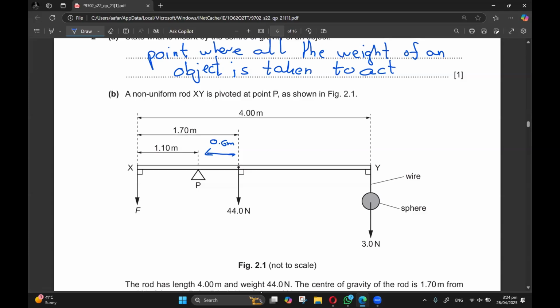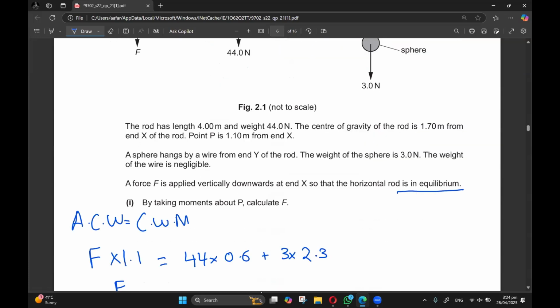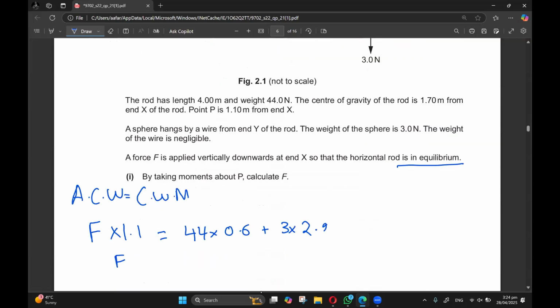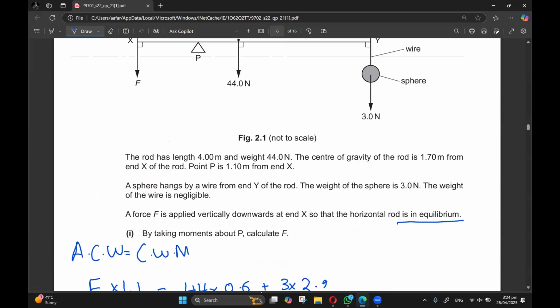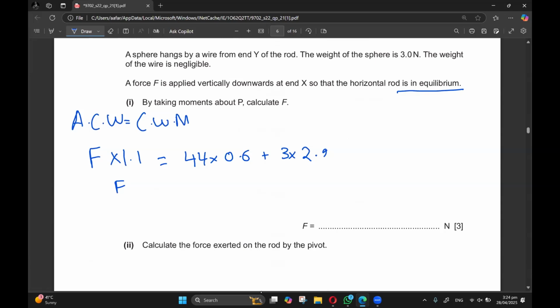Oh sorry, not 1.7, 4 minus 1.1. My bad. So basically F, what you get, F is 32.